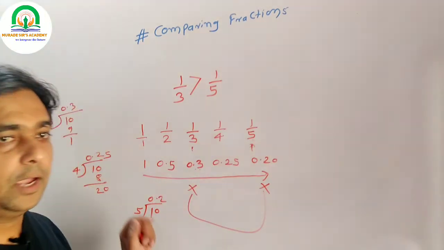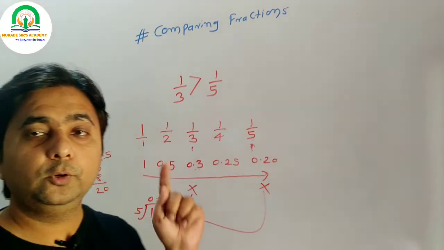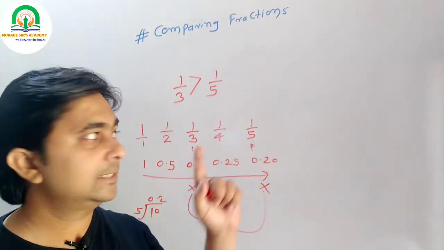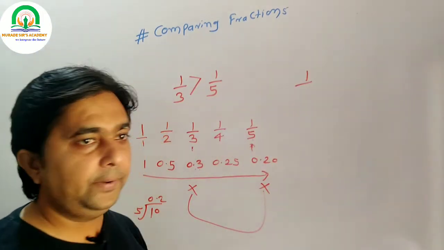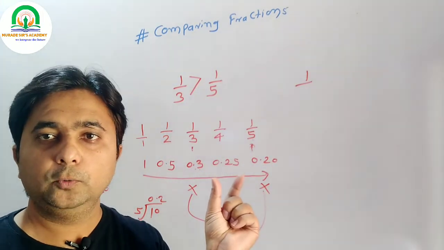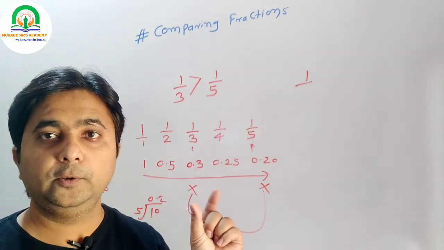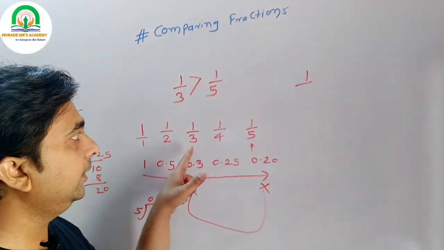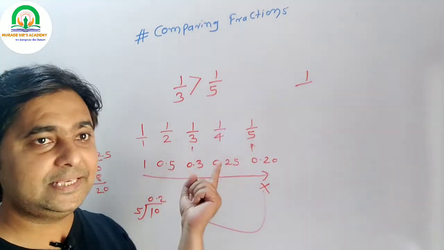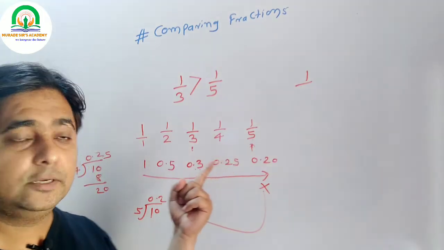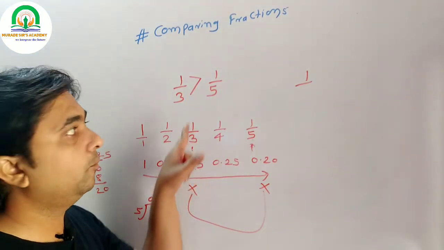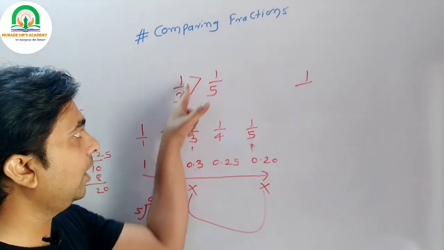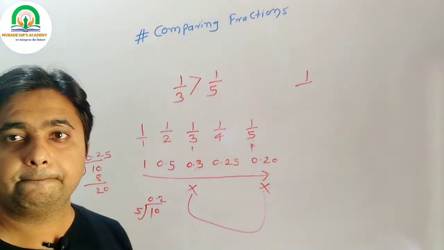How do we remember that? If the numerator value is the same, compare the denominator value. Which denominator is less, 3 or 5? 3 is less, but the fraction 1 upon 3 is greater.